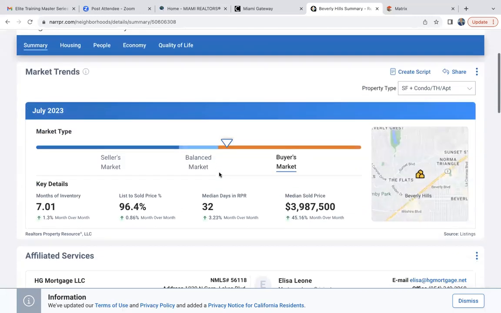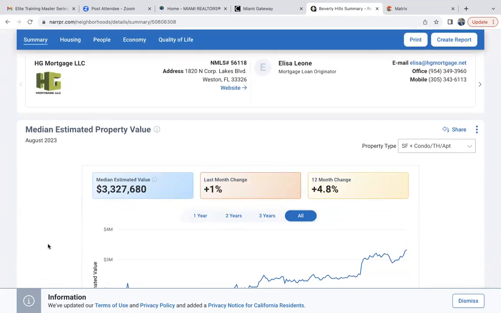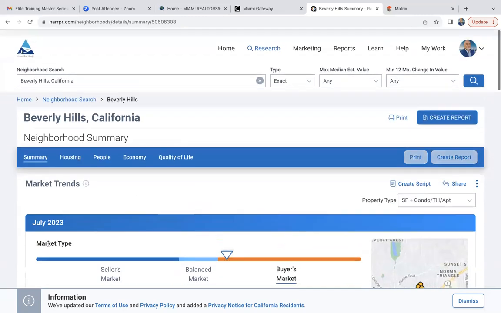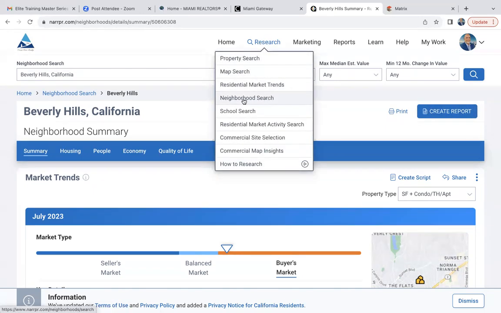And now you can do the same study for any area in all of the US. Remember, you can always create a presentable, brandable report for your buyers. An excellent report for buyers that want to get to know a specific area before buying. You can create this neighborhood demographic report under research, under neighborhood search.